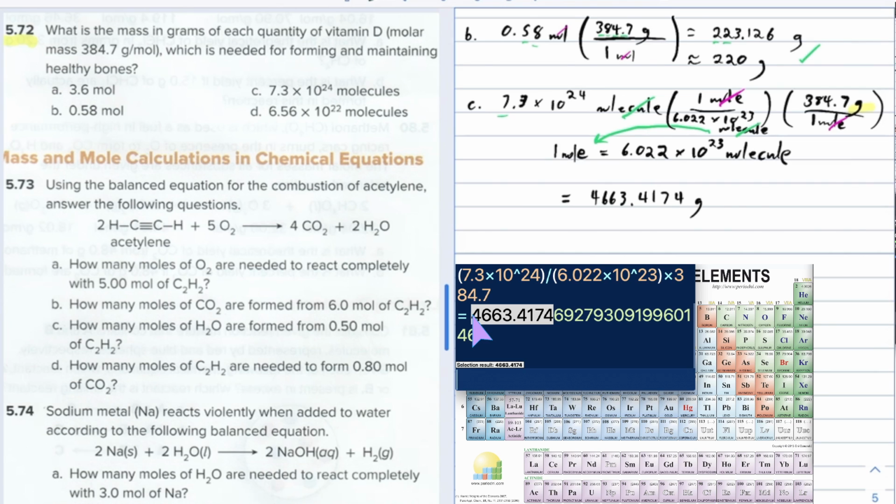And we're limited to 2 sig figs again because of the starting quantity. So that'll round right there. And using the rules for rounding, we're going to get 4,700 grams. Check.